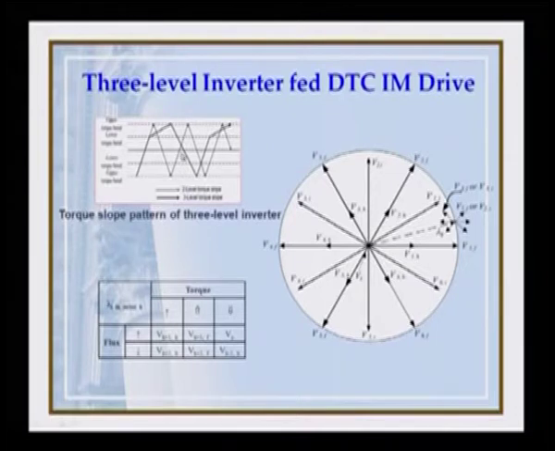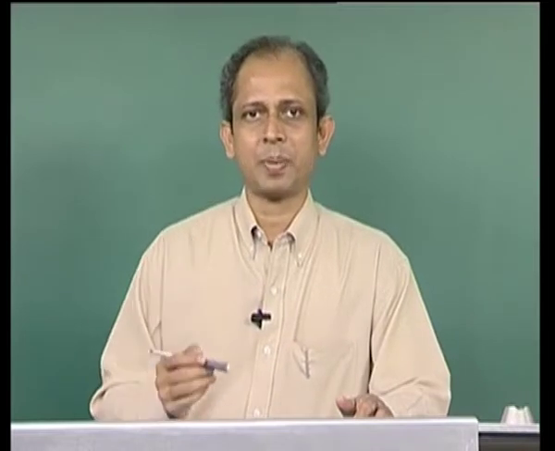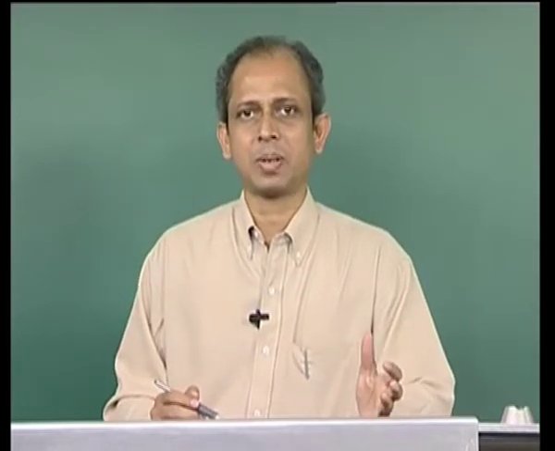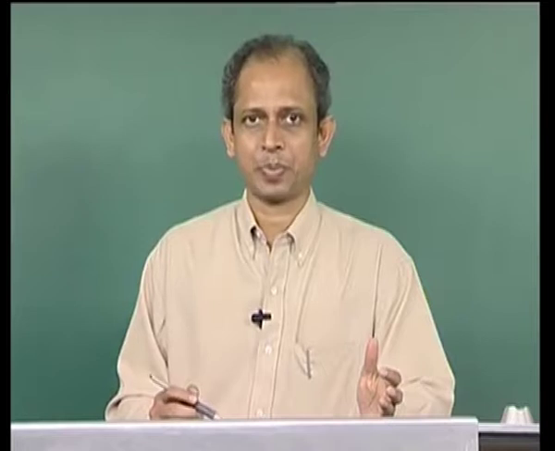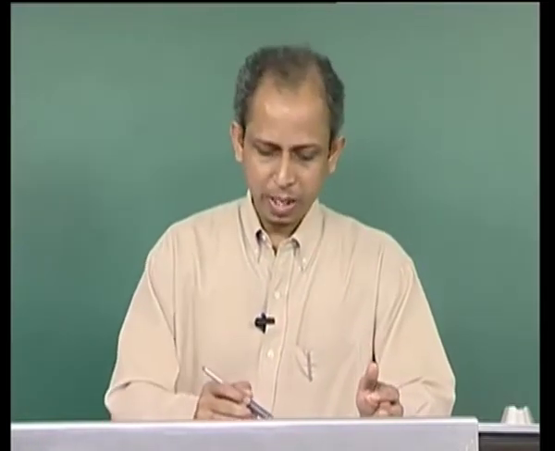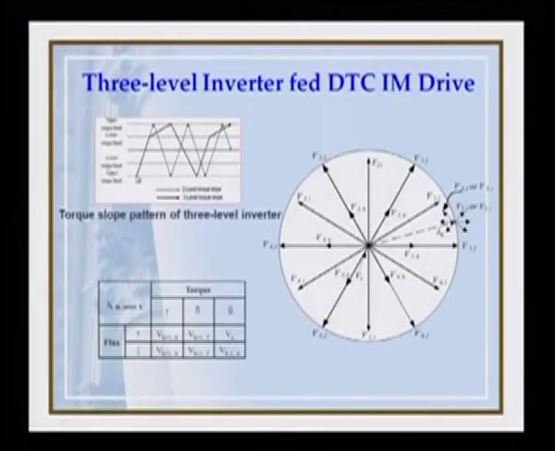So, instead of that, what we do in this case is, when it reaches the upper band, instead of a full voltage vector, we apply a half voltage vector. That basically reduces the slope of the torque, and hence we have a smoother operation. So, here from the negative upper band to the positive lower band, the torque needs to be increased.